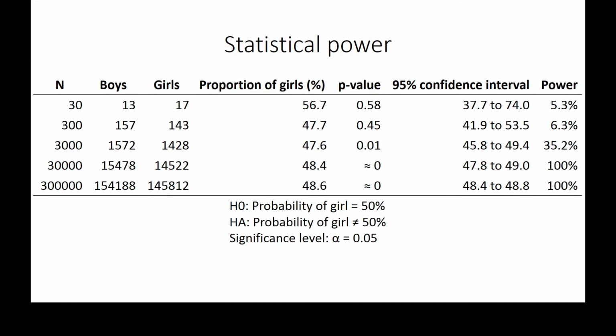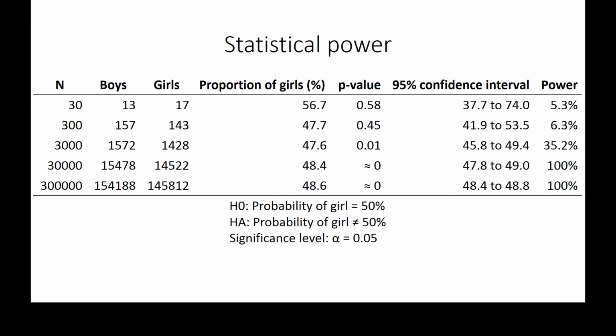Going back to this table again, we see that the power was very low for the first two rows. And now remember that even if H null is true, we reject 5% of the time. So a power of 5% is a minimum. And having 5.3% is basically the same as having no power.